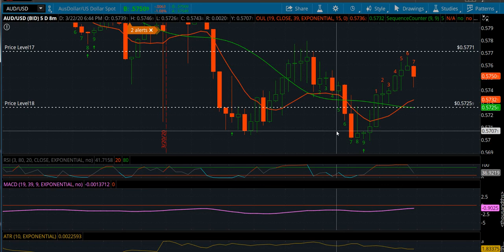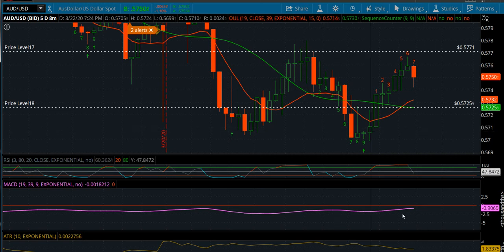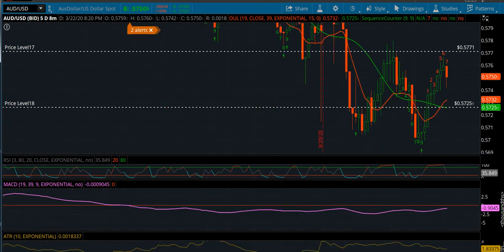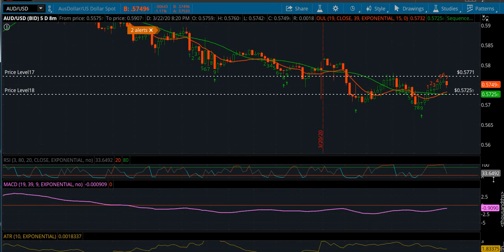The reversal signals are only paid attention to at points of resistance, support, swing points. Okay, a swing point is a point on a chart where price changed direction.